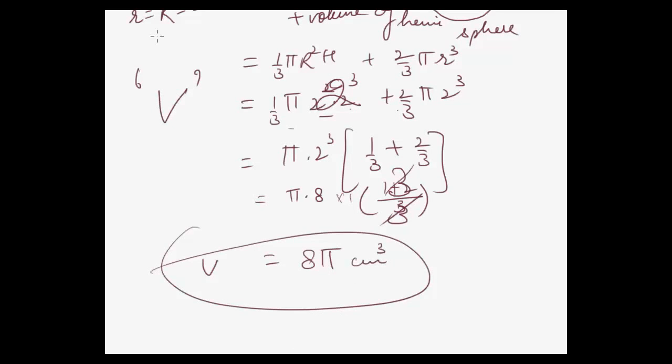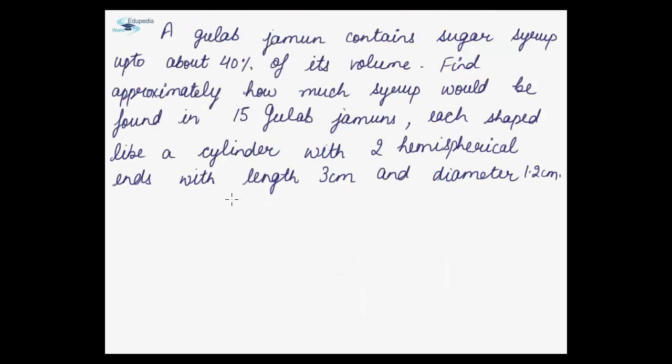centimeter cube. In the second question, the statement says a gulab jamun contains sugar syrup up to 40% of its volume. Find approximately how much syrup would be found in 15 gulab jamuns, each shaped like a cylinder with two hemispherical ends with length 3 centimeters and diameter 1.2 centimeter.